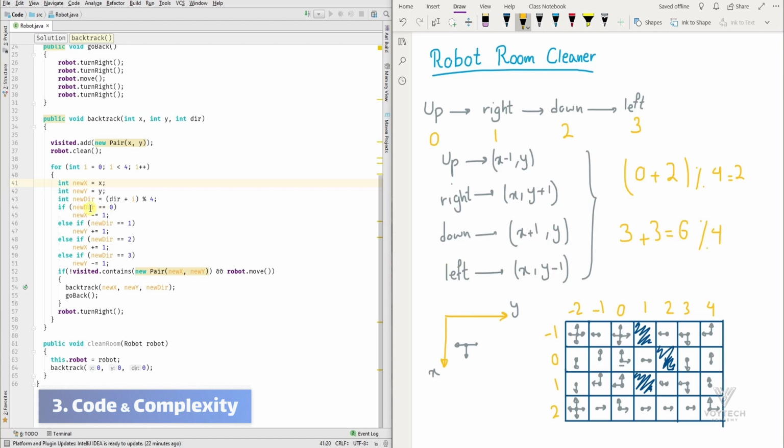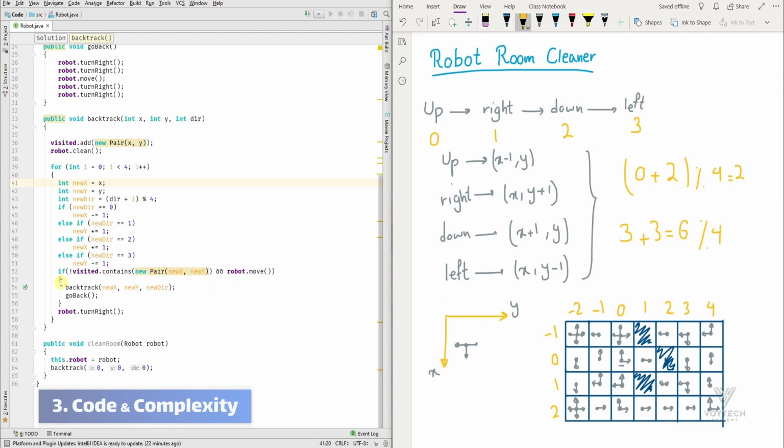If the new direction equals 0, it means that the direction is up, and based on this formula we decrease x by 1. If it is 1, which means right, we increase y by 1. If it equals 2, which means down, we increment x by 1. And finally, if it equals 3, which means left, we decrease y by 1.